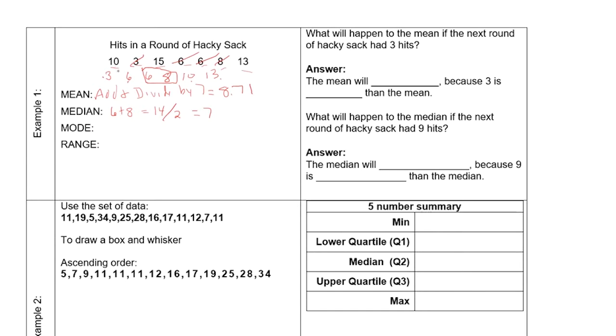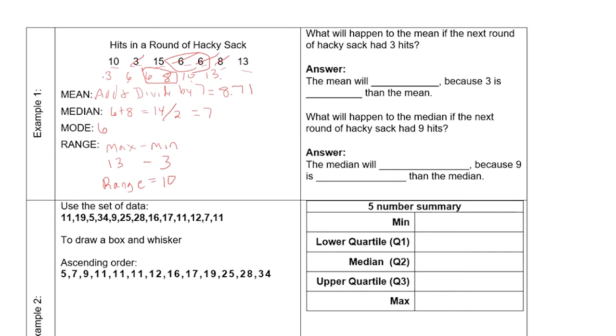Our mode, let's take a look at our numbers again. We have 2 6s, so our mode is 6. Our range is the max minus the min. So our max is 13, our min is 3, so that means our range equals 10. Now let's answer these questions. What will happen to the mean if the next round of hacky sack had 3 hits?